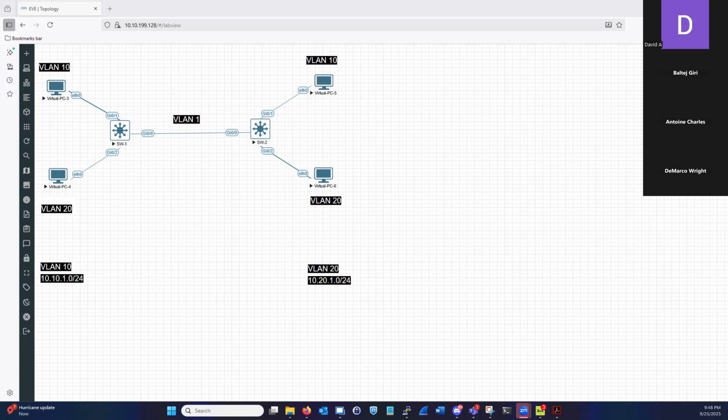Because a PC by default sends out a standard Ethernet frame. The PC doesn't tag anything, so it's not an 802.1Q frame. Once the switch receives it, the frame came in on port 0/1, and we told the 0/1 port it is part of the VLAN 10 group, or broadcast domain 10, so basically it doesn't tag.